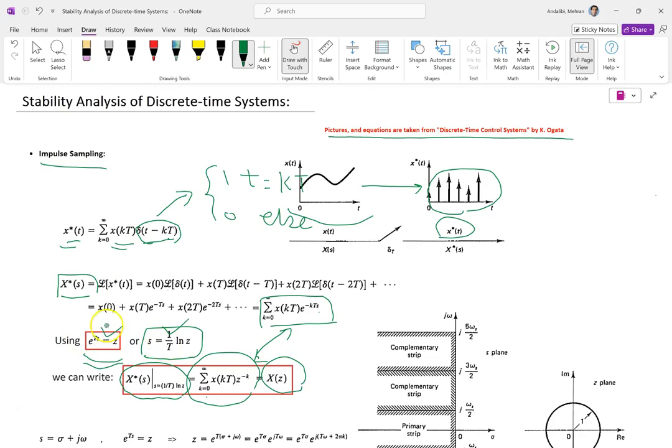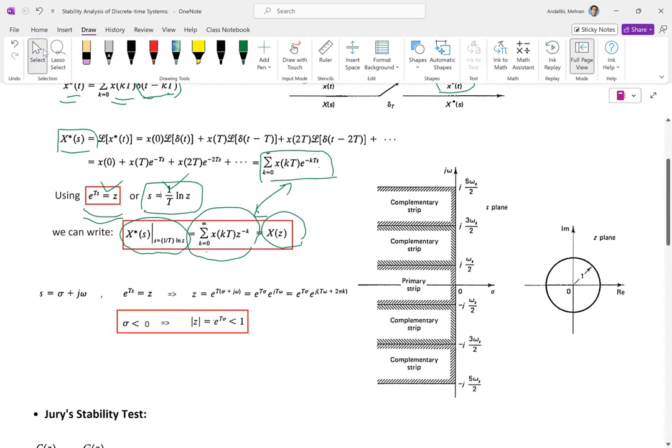So this is the change of variable that we need, and that is sufficient to tell us how we do a stability analysis in the z domain. How? Because if you remember, when we used the Laplace transform, what was the criterion for stability? We said that the closed loop poles of the system should be what?